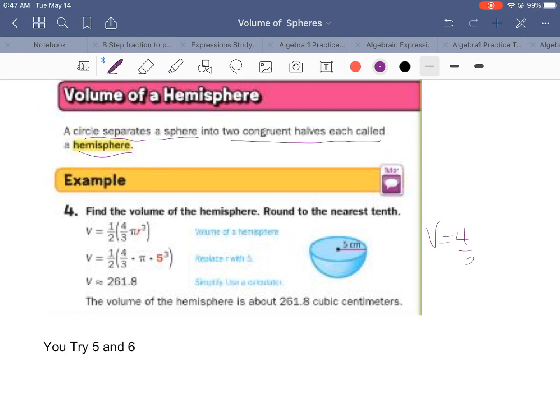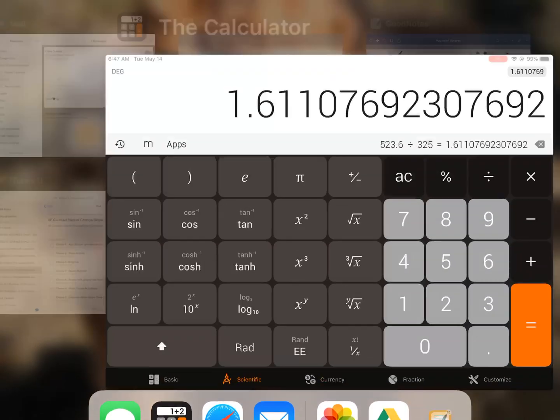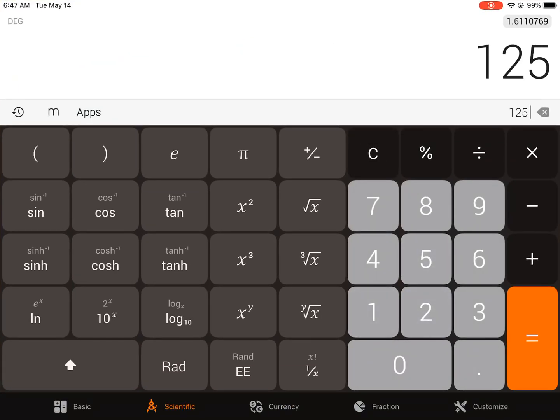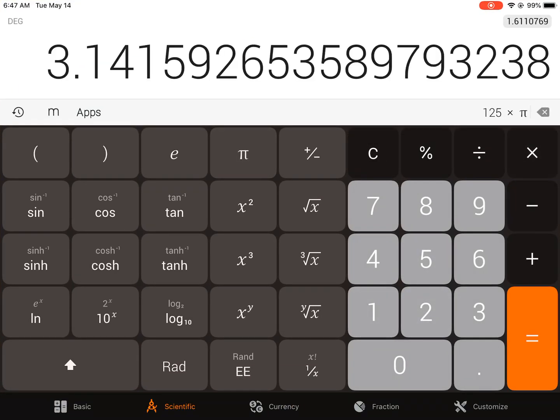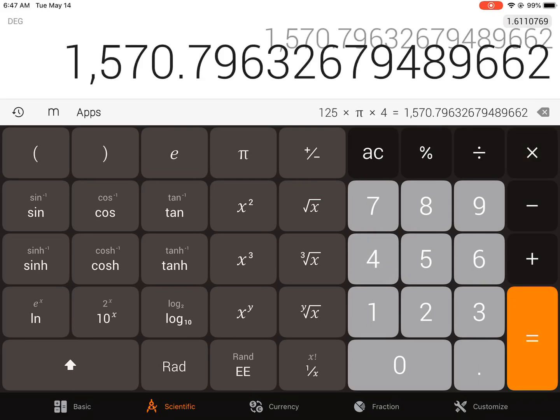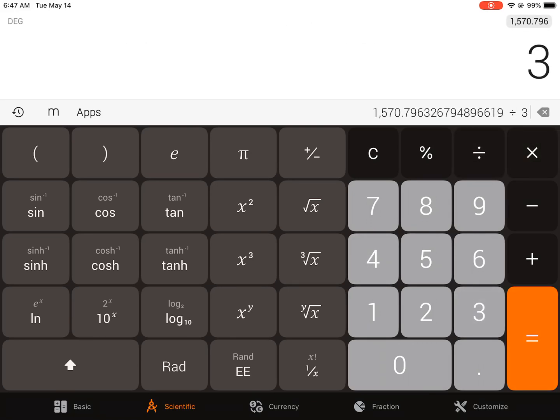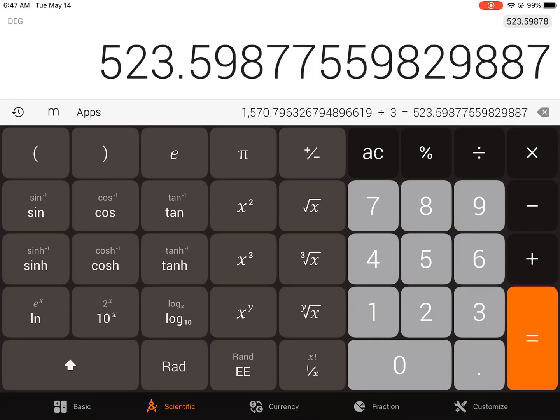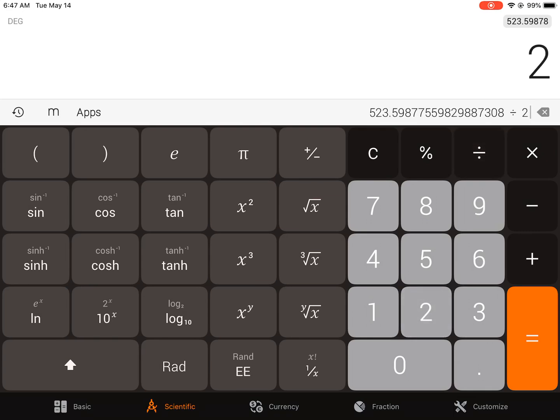Volume equals 4/3 times pi times the radius cubed, which is 5 cubed. So we're going to go ahead and multiply that out. That would be 125, because that's 5 cubed, times pi times 4 equals that, divided by 3 equals that, and then you take that and divide that by 2.